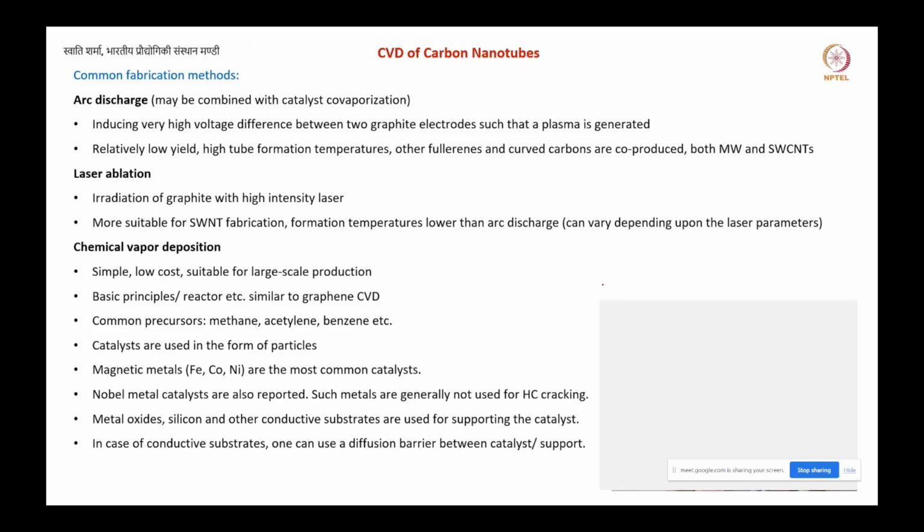Now the common fabrication methods are here. The arc discharge may be combined with catalyst co-vaporization. So arc discharge is a very common fabrication method.